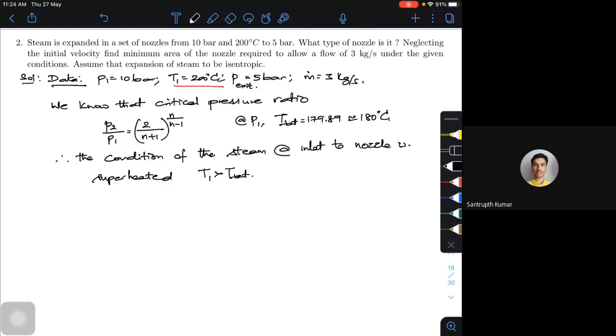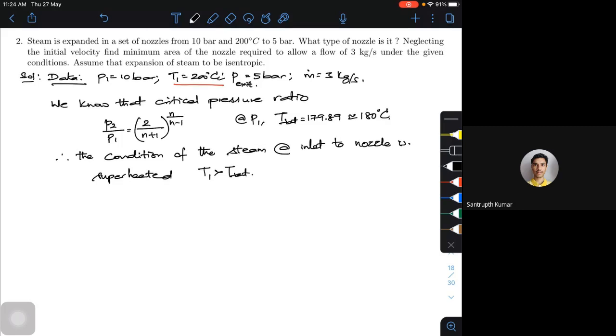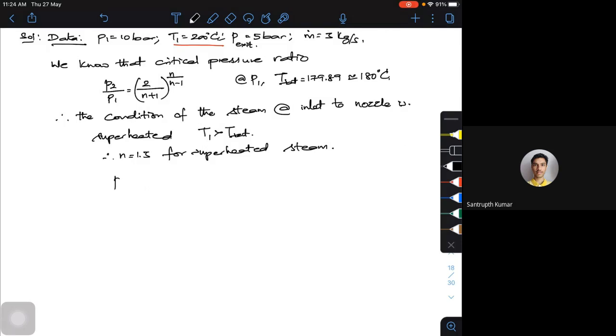Now what will I do? For this condition, the value of n will be 1.3 for superheated steam. I will substitute this. So P2 by P1 is equal to (2 by (1.3 plus 1)) to the power of 1.3 divided by (1.3 minus 1).